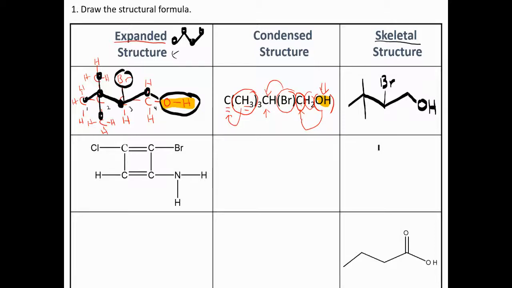OH. However, there's one thing. Maybe you think we don't label hydrogen and carbon, right? We only don't label the hydrogen attached to carbon. If the hydrogen is attached to oxygen, then we must label it. Now we move on to another one.